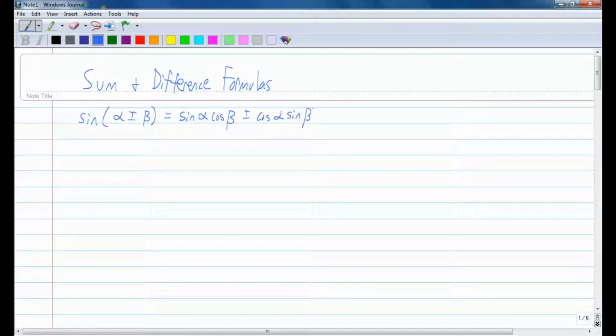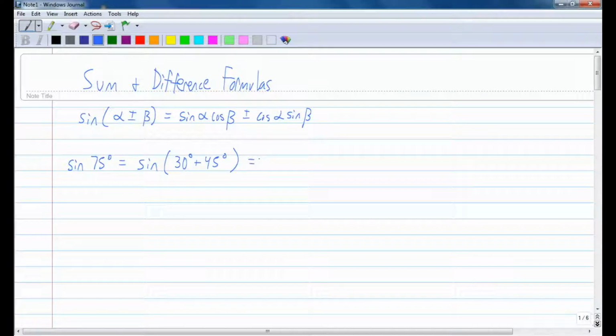We use sum or difference formulas to help us find exact values of things like the sine of 75 degrees. Since 75 degrees would be the same as 30 degrees plus 45 degrees, these are common angle measures and they add up to be 75 degrees. So we can use this formula up here to give us an exact answer.